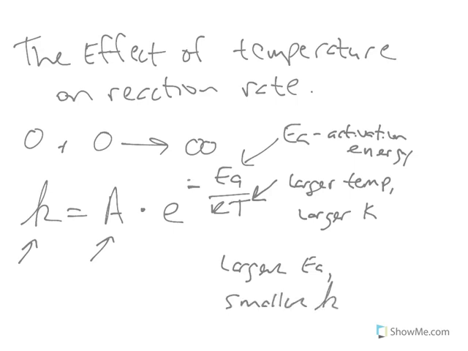Remember that negative sign in that exponent is kind of flipping everything upside down on us. So a larger activation energy is going to provide a smaller rate constant. So if you want a reaction to go fast, if you have a high temperature and a low activation energy, that thing is going to go quickly. And hopefully you saw that with the simulator from Lab 4.